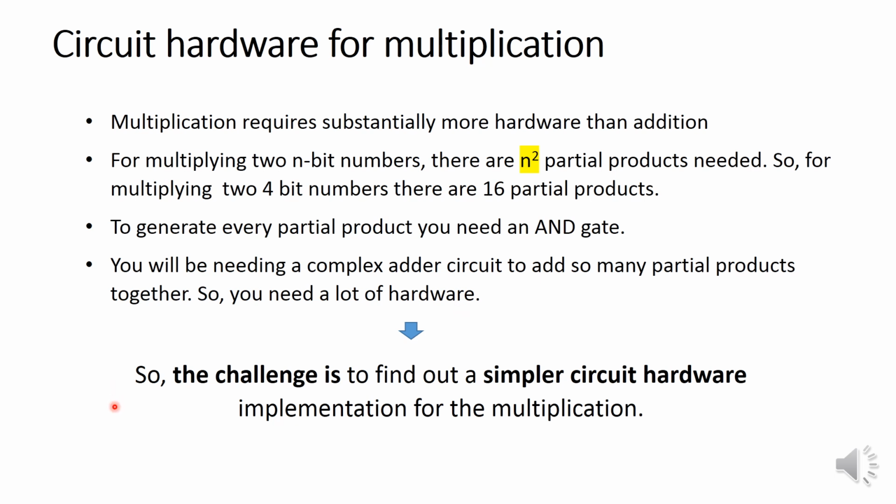So, since the beginning, the challenge for the engineers has been to find a simpler circuit hardware implementation for the multiplication. In our next presentations, we will explore the new ideas to solve this challenge.